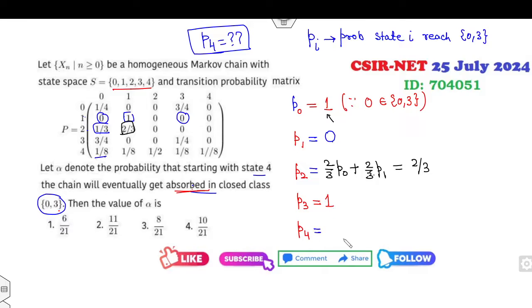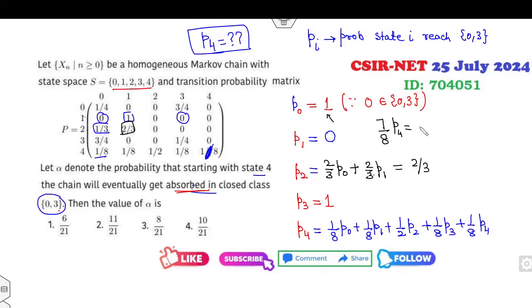P4, I can write as 1 over 8 into P0, 1 over 8 into P1, 1 over 2 into P2, 1 over 8 P3. This is a divide sign. It may be a typing error, a double division sign, but that's fine. Now P0 is 1, so I can write P4 here. This is also P4, which I can take on the left hand side.